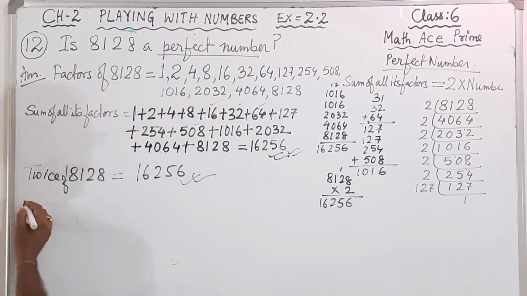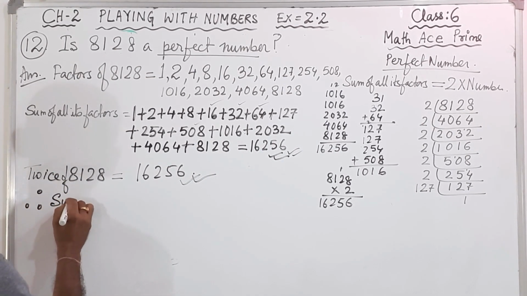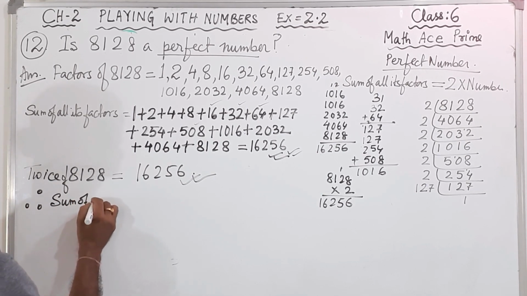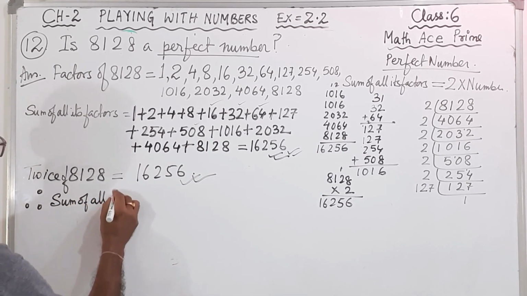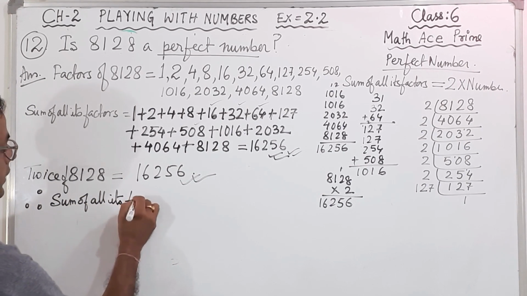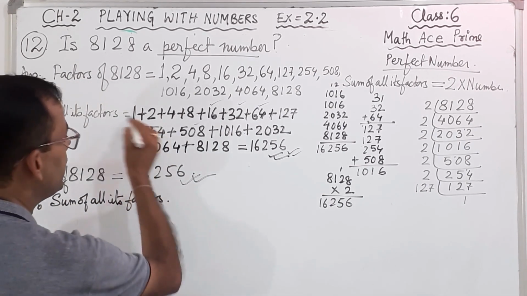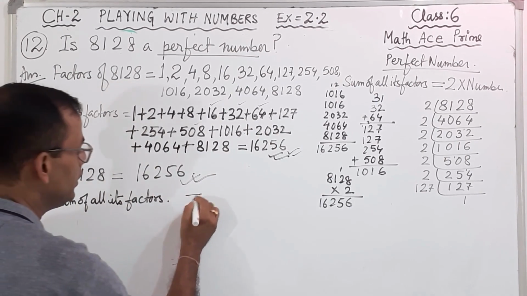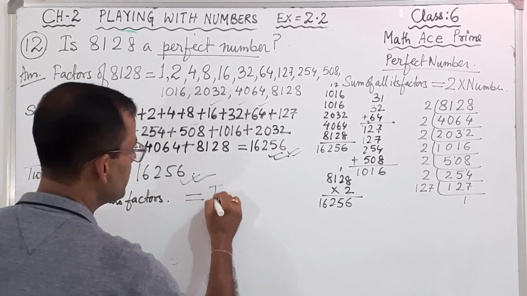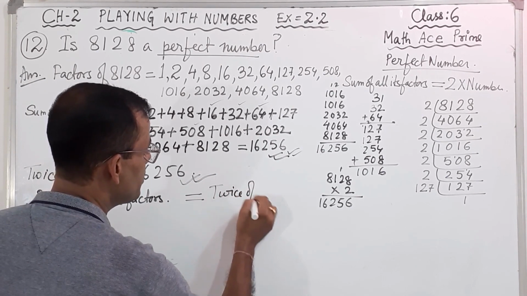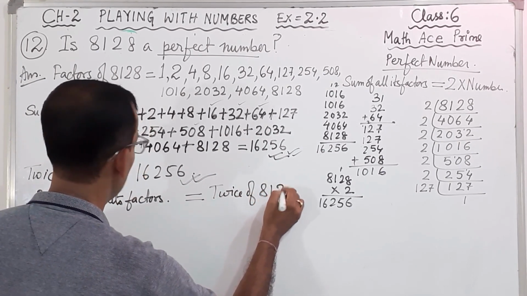So now what can I say? Therefore, the sum of all its factors. So what are the factors? These are the factors. It is coming equal to twice of 8128.